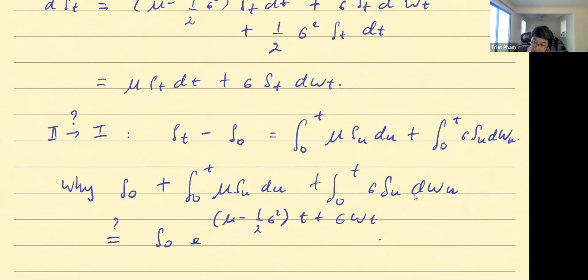So that's sort of the mystery that we're addressing. Okay, so the reason is simple actually. The reason is the integration here still involves S. So it's not purely just an integral in terms of t and W_t. It involves the unknown S that we're looking for.